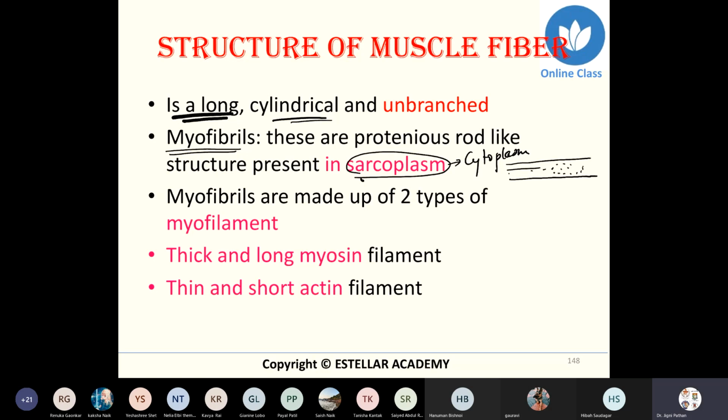These myofibrils are made up of two myofilaments. One is thick and long, myosin, the other is thin and short, actin.